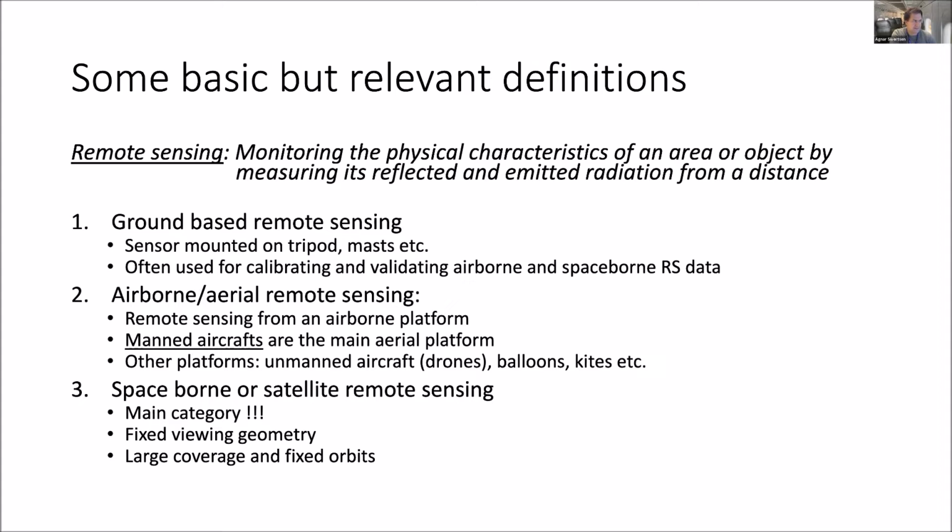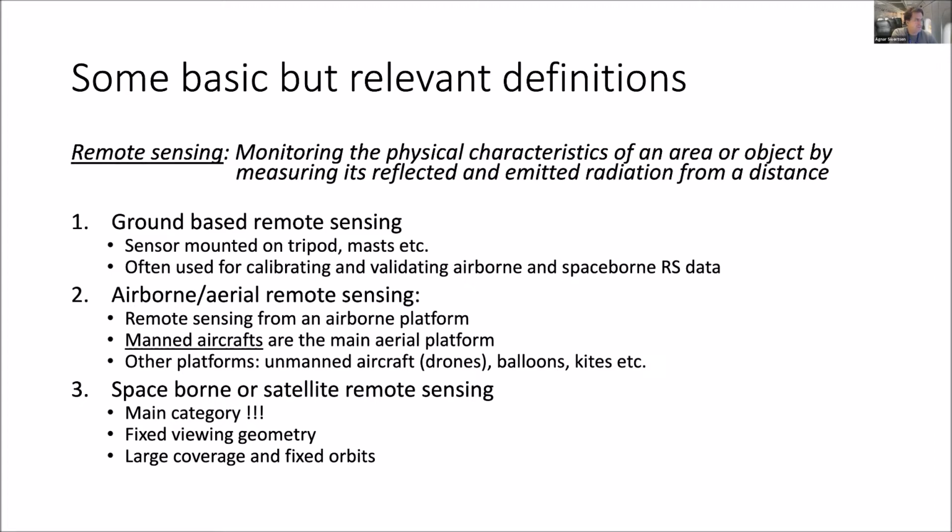It is done from an airborne platform, of course. Today I would say that manned aircraft are the main aerial platform for doing this. The main reason is that you can carry more and better equipment on a manned aircraft than on alternative platforms, like a drone, for instance, which is a really popular incoming platform these days.